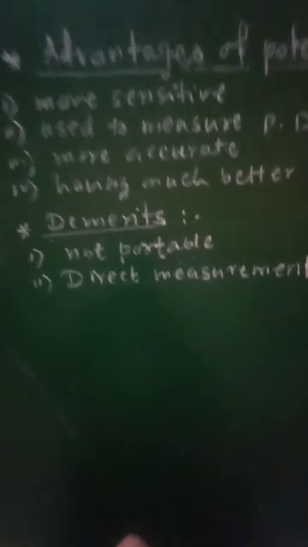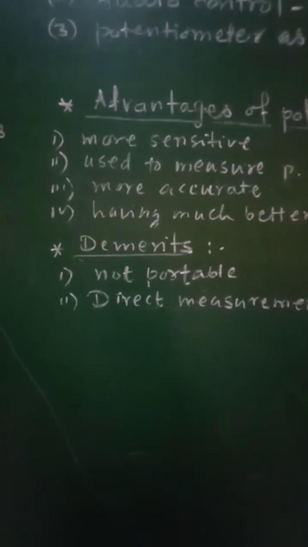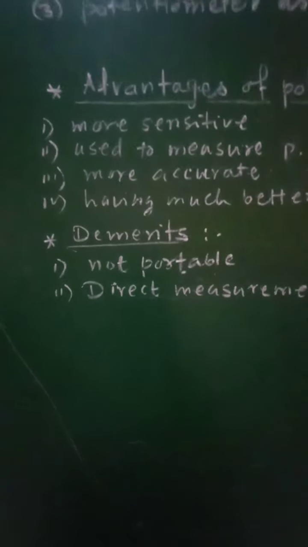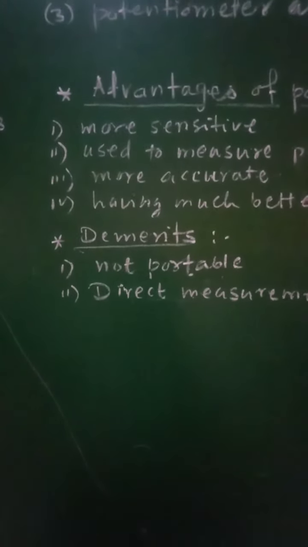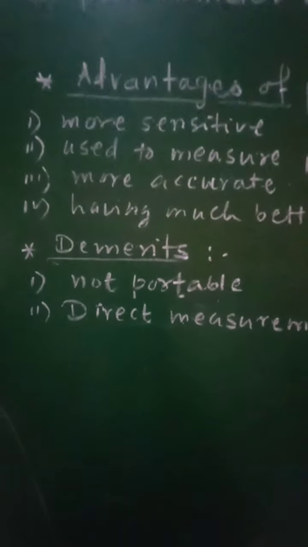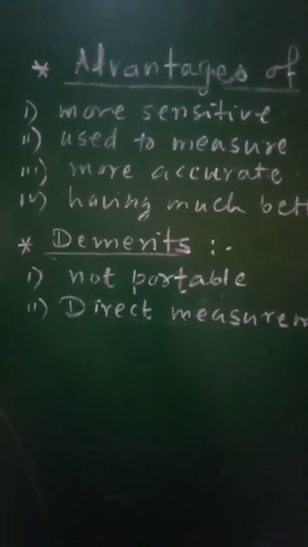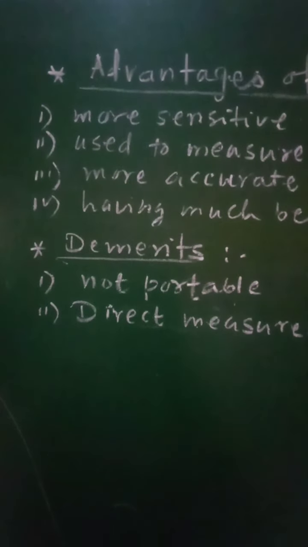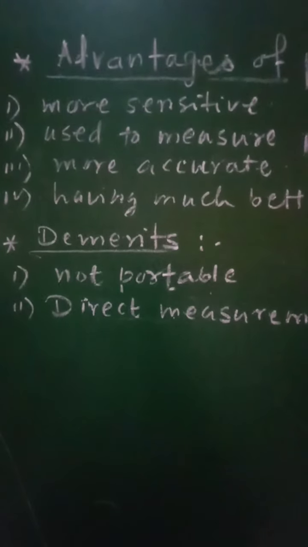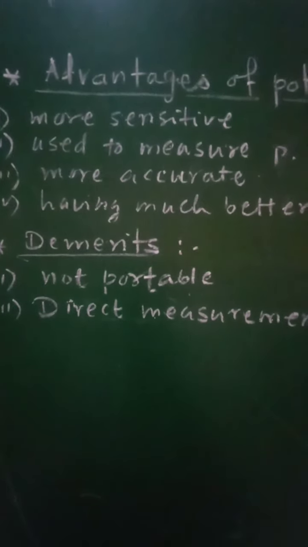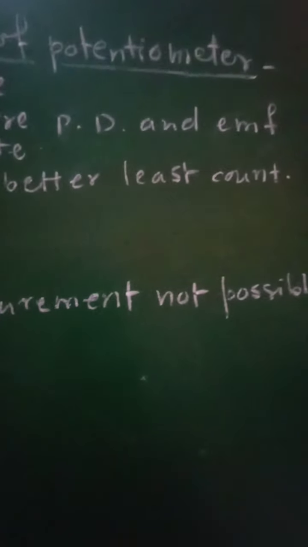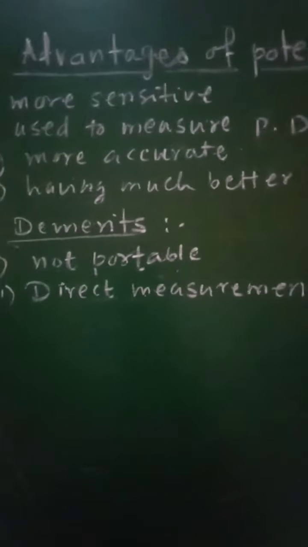The advantages of potentiometer over voltmeter. The very first advantage is that the potentiometer is more sensitive as compared with the voltmeter. Second, the potentiometer is used to measure potential difference as well as the EMF of a cell.